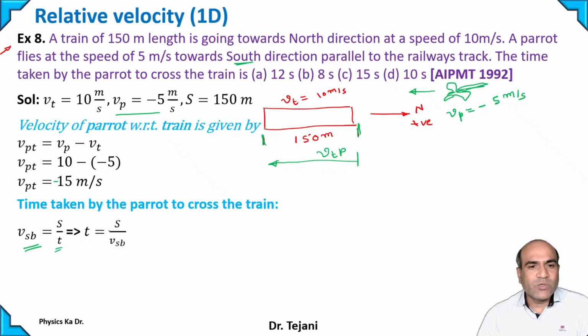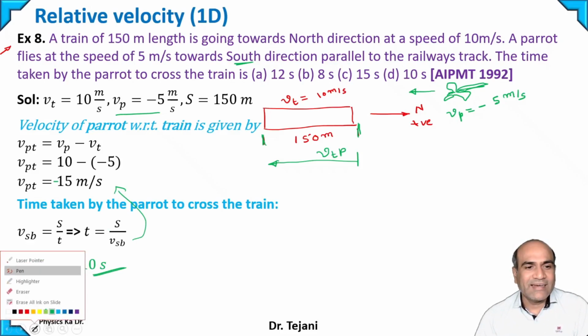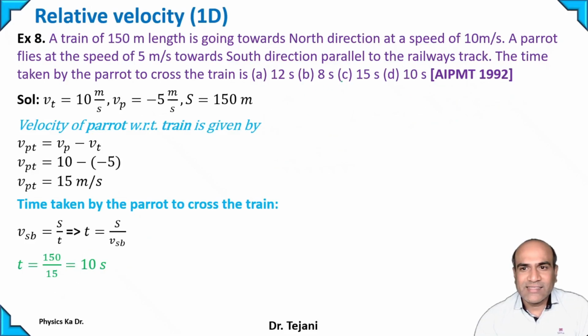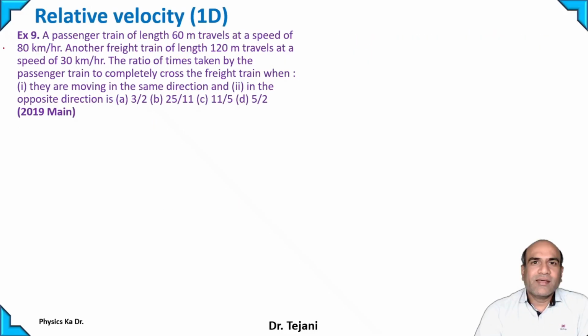So t is equal to s divided by Vpt. Putting in the values, s is the distance, 150 meter, and the velocity we got is 15. So the time is 10 second. Is it given? Yes, it is given. This question was asked in the All India Pre-Medical Test 1992, and beware of this kind of question.